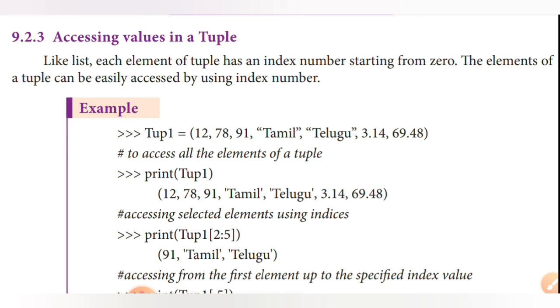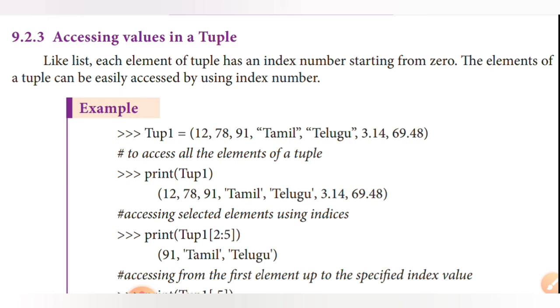The index starts from 0. So the element 12 is present at index 0, 78 is at index 1, and 91 has index value 2. Then Tamil is 3, Telugu is 4, and 3.14 is the fifth element.